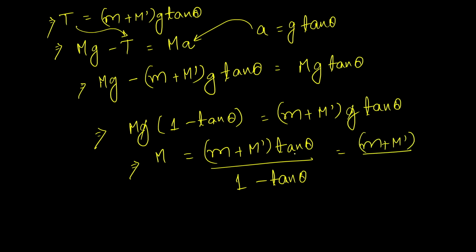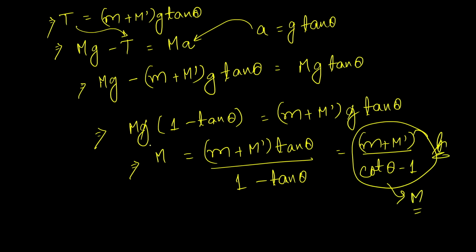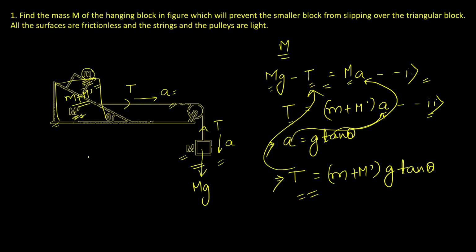Divide tan theta in the numerator and the denominator, and you will get cot theta minus 1, and that is the answer. That is the capital mass M actually. So this is the manner in which you need to proceed when the question is related to the non-inertial reference frame. Now let us move towards the next question.